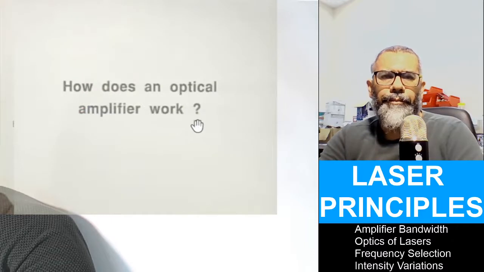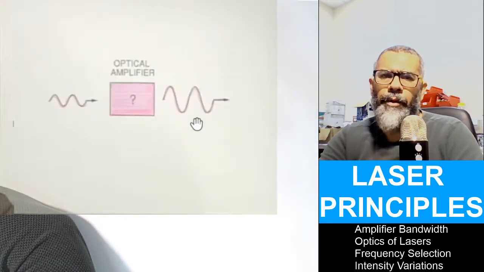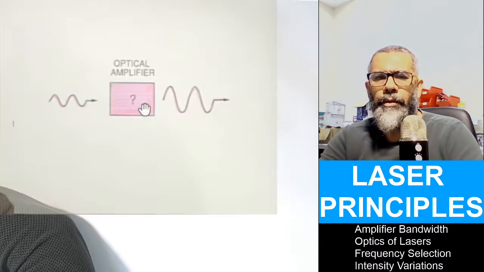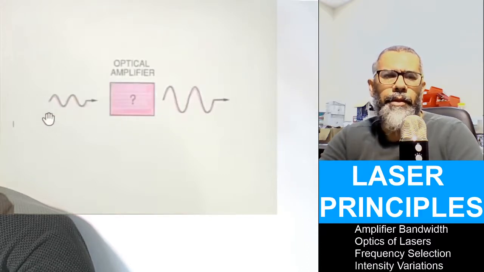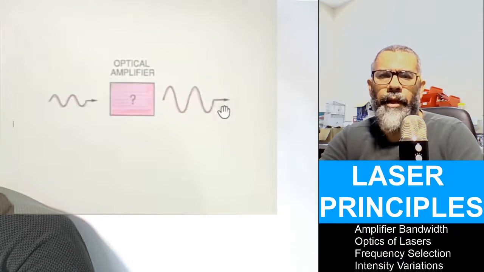The next thing is how the optical amplifier works. You can always picture the amplifier as a black box. You don't know what's inside the box, but you know what it does. As an input, it takes the light of some amplitude and increases the amplitude, as you see over here at the exit.